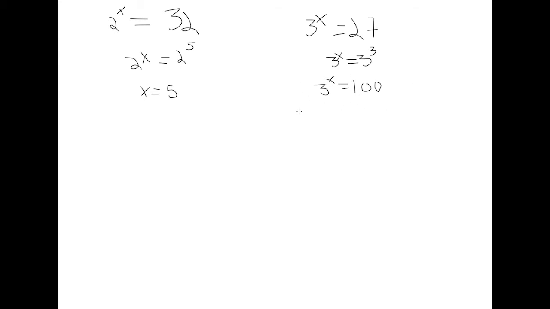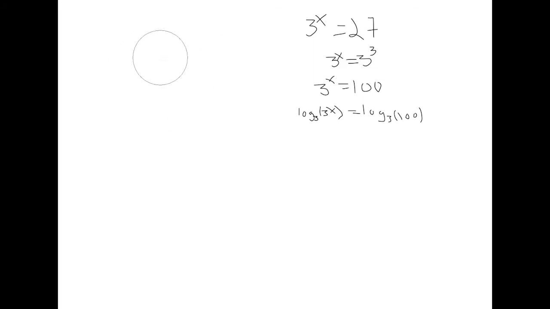And in that case, we would have to use log base 3 of 3 to the x equals log base 3 of 100. Okay? So that would probably not give you a really nice number as a solution, but it will still give you a solution. Okay, moving on.